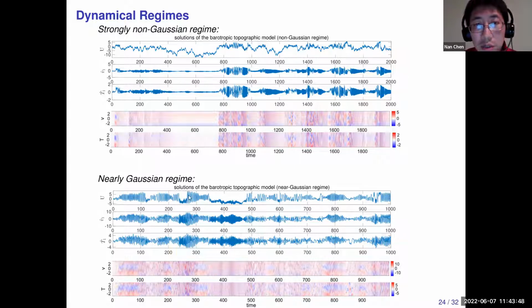And for this regime, you can see clearly this regime switching behavior, right? If your U oscillates relatively slower, here v is relatively slower. Then if U is very negative, which means you have a westward jet, then you have much faster oscillations for v and T. And the last two panels here are the reconstructed physical fields of the velocity and the tracer. You can see a lot of this intermittency and chaotic behavior.